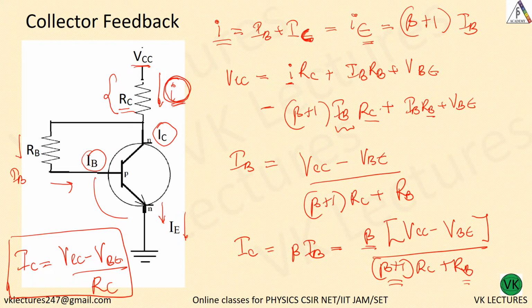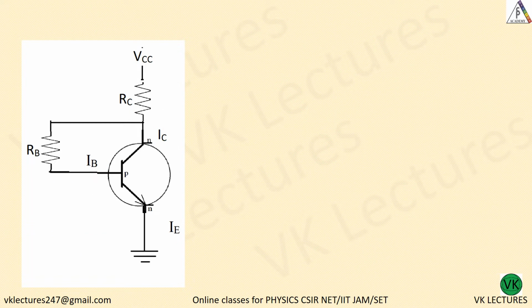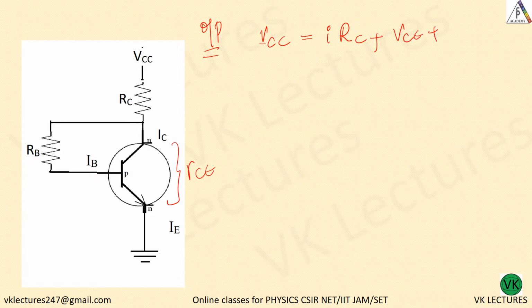Similarly, now to the output. We have VCC equal to I into RC plus VCE plus IERE, there is no RE here. What is this I? I is nothing but beta plus 1 into IB.